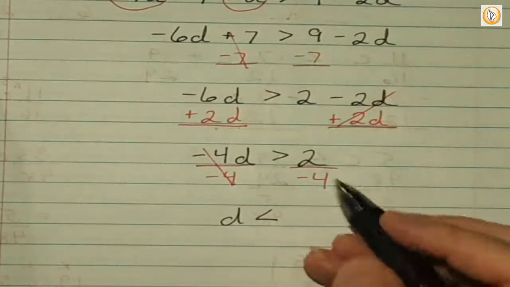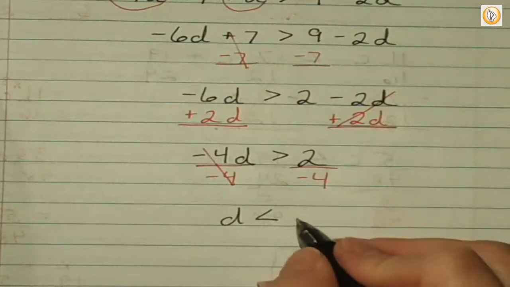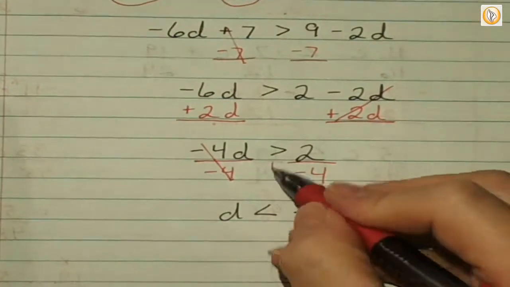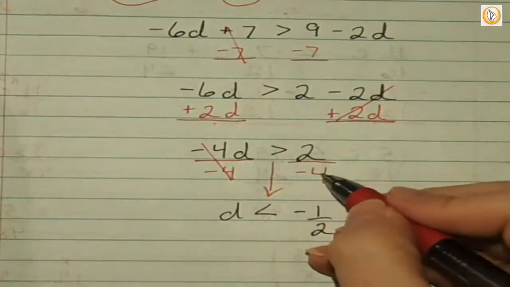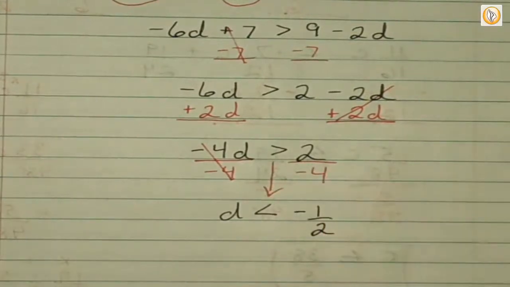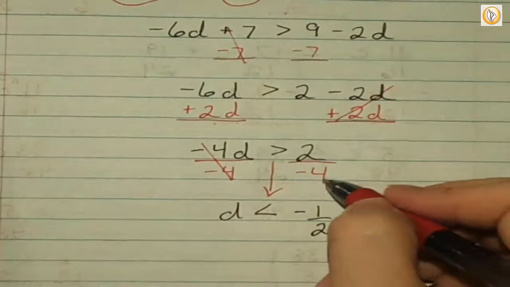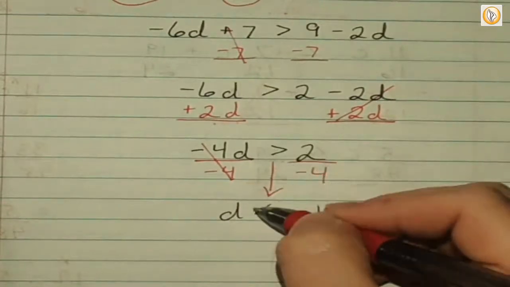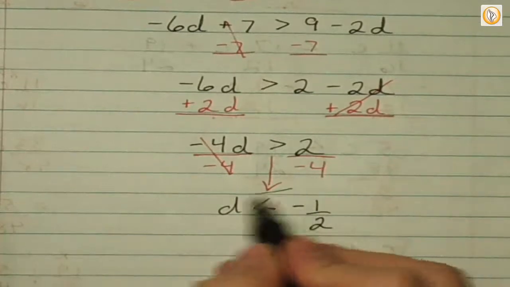Oh no, you can't. So can we just reduce it? Yes, which would be 1 over 2. Positive or negative? Negative. And notice he flipped the sign because we're dividing by a negative. So because we're dividing by that negative, the sign is flipped.